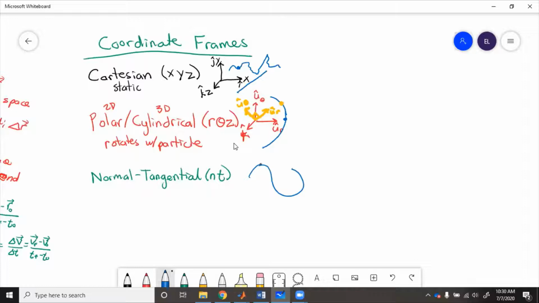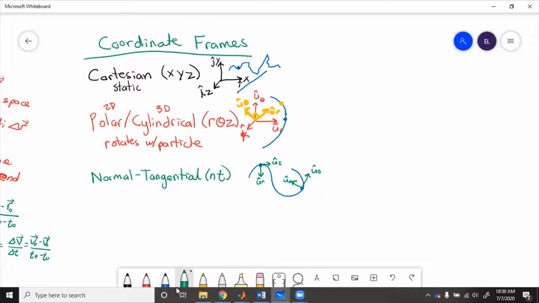If your particle is here, then the normal vector points into the center of the curve, un. And then the tangential vector points along the path, ut, but it's attached to the particle. So then let's say your particle is over here now. Then the un points into the center. Ut points along the path.